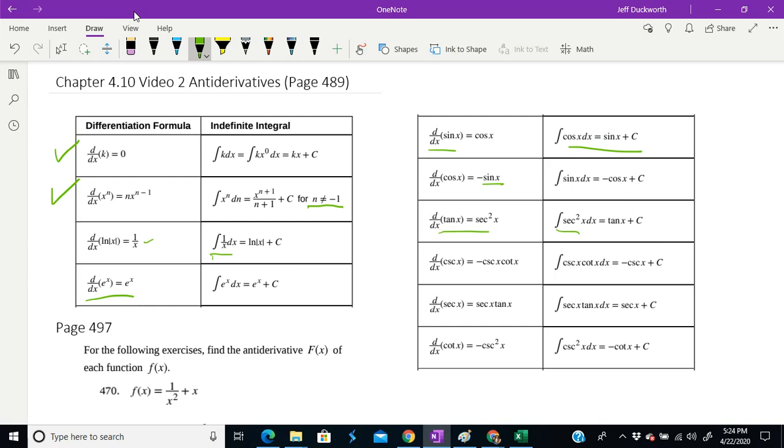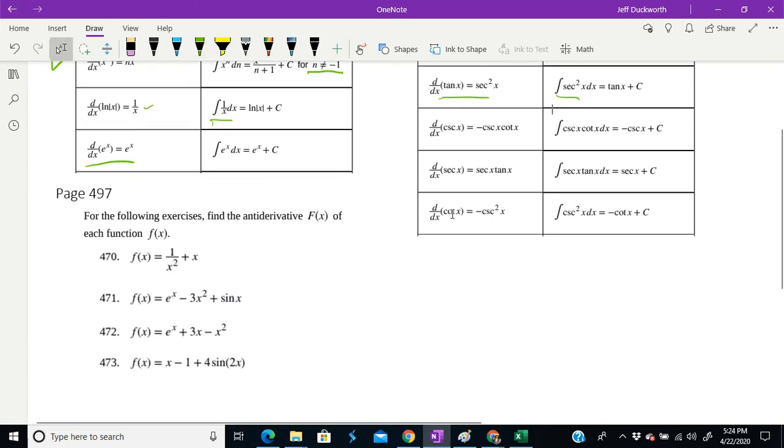All right, so I pulled out some questions from page 497. And let's try to tackle a few of these. All right, so number 470. I guess I can leave it like that.